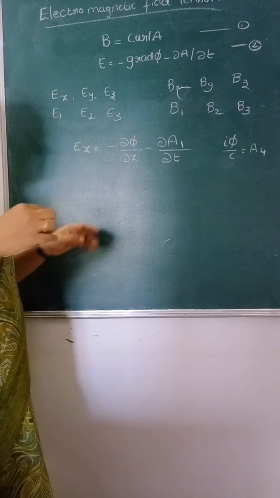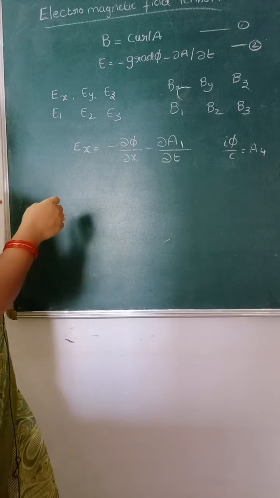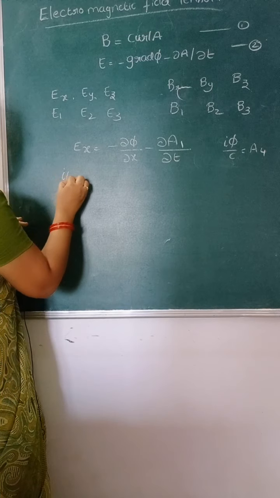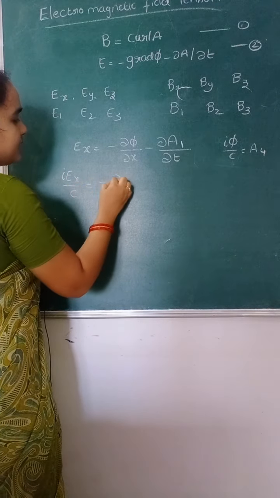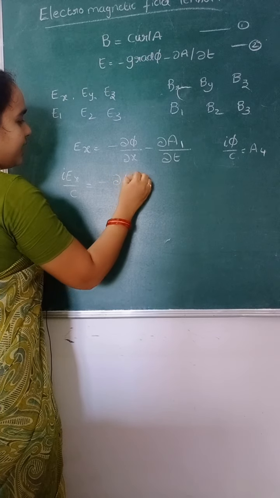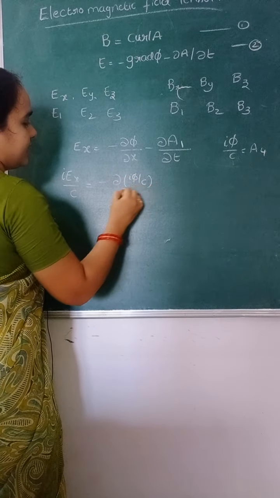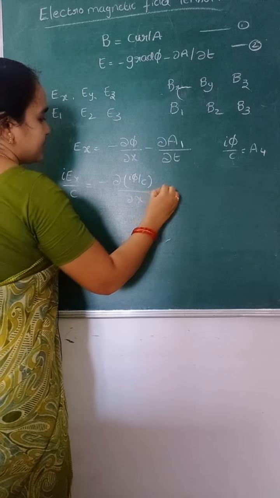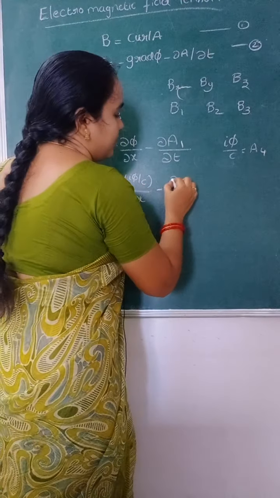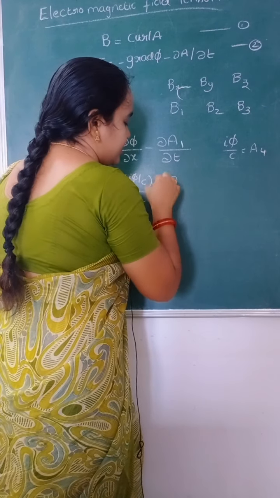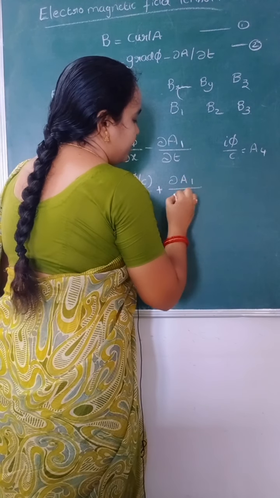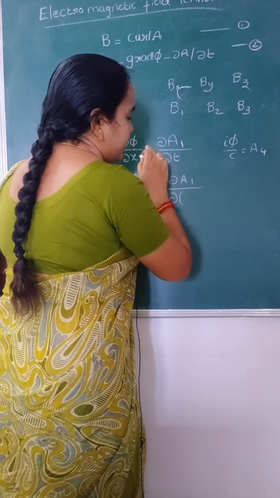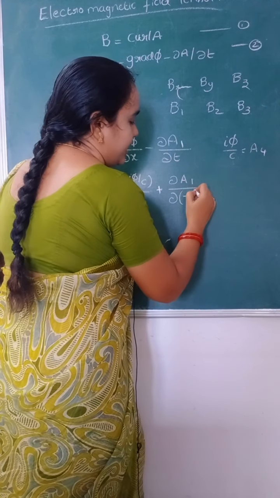So let us multiply this total equation with i by c, then we get i Ex by c is equal to minus dou i phi by c divided by dou x, plus dou A1 by dou of ict.